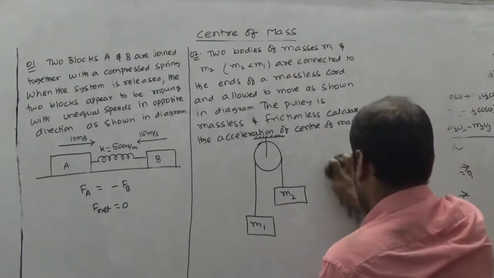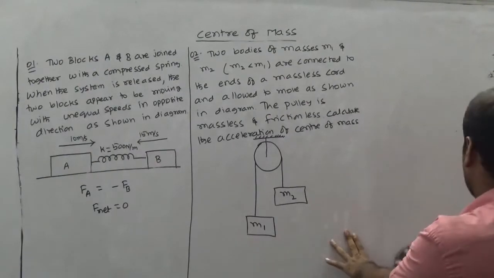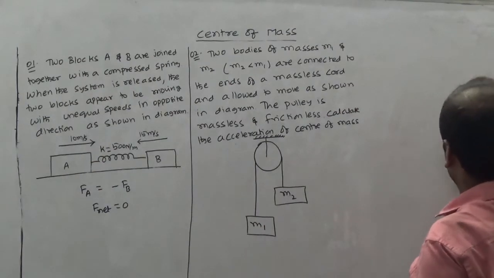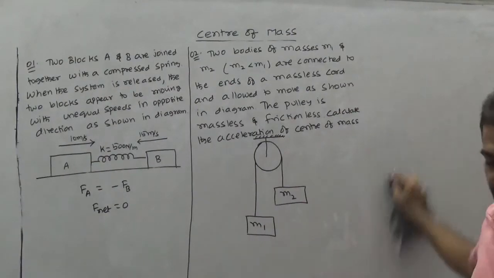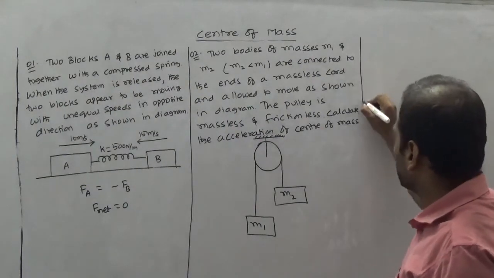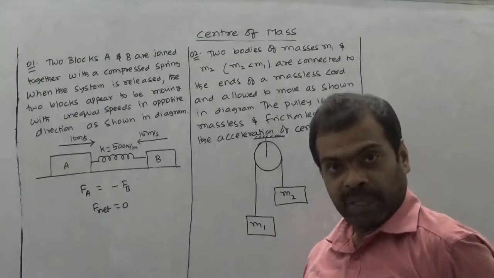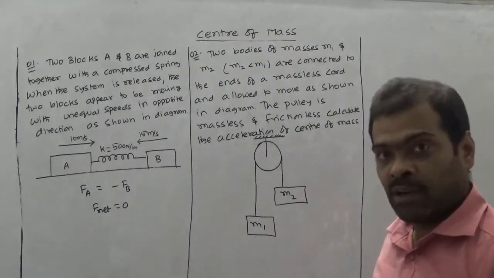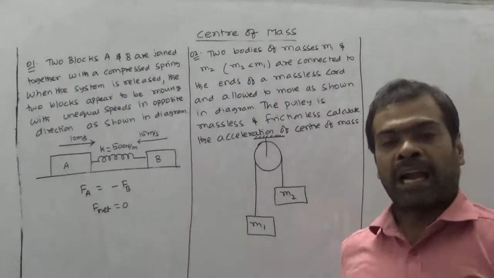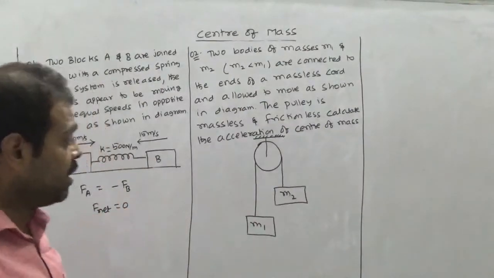Now see here, they gave that m1 is greater than m2. In the previous chapters, like Newton's laws of motion, we found the acceleration for this type of system, the Atwood machine, or so-called pulley.